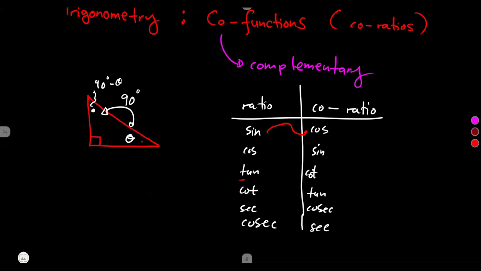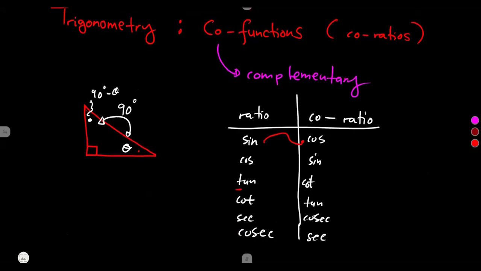Then another thing that you need to know about these co-ratios or co-functions is that the ratio that will be given is your original ratio. When I'm saying a ratio, that's the original one. The co-ratio is its corresponding part, which is from the complementary function concept.